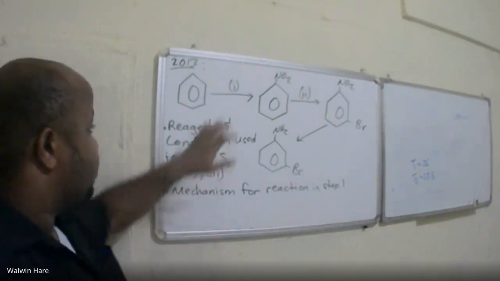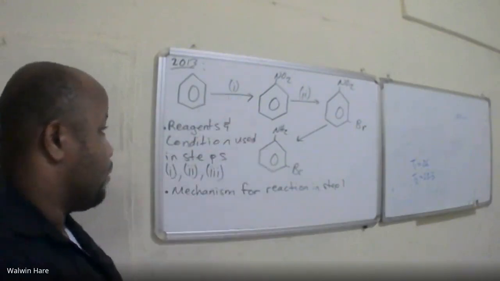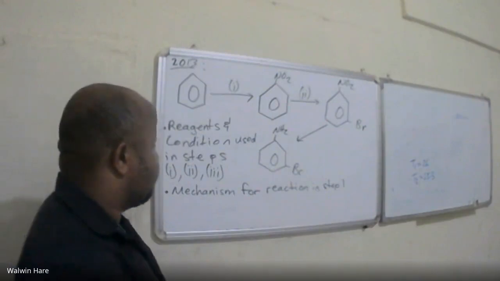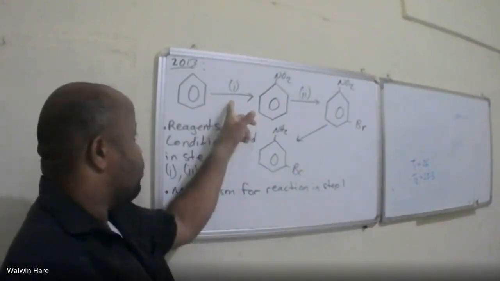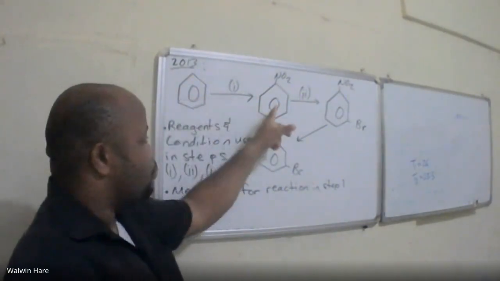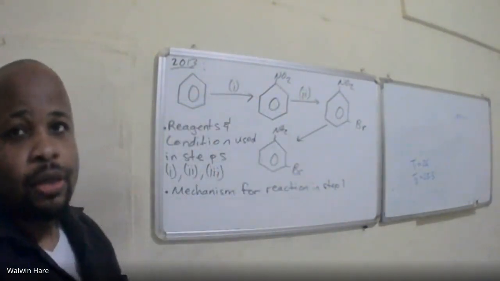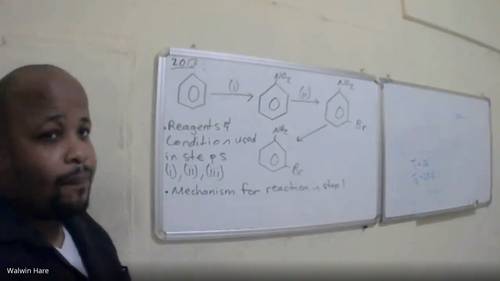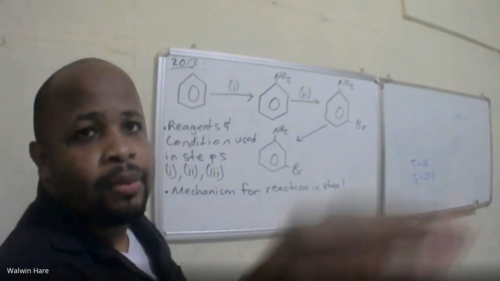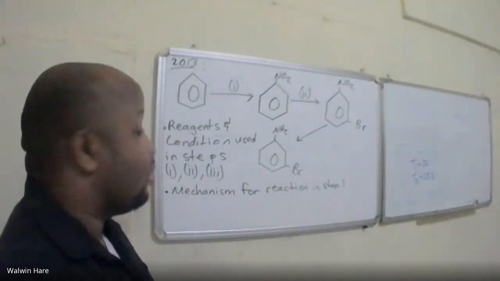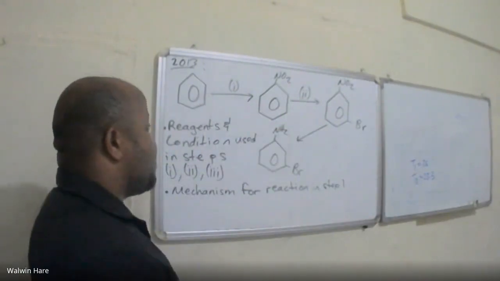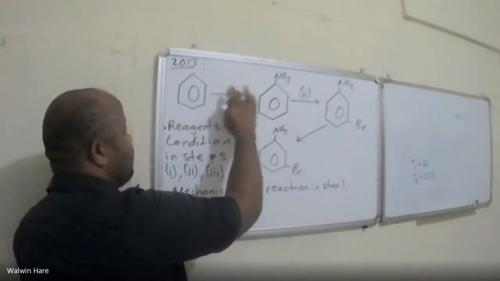All right, so what is happening in step one? What is the name of this reaction from benzene to nitrobenzene? Remember the name of it? From benzene to nitrobenzene, that's nitration of benzene.